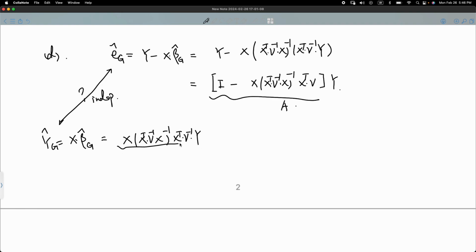And let's group this part as B, so this is just B multiplied by y. So we write E of G as A multiplied by Y and this as B multiplied by Y.